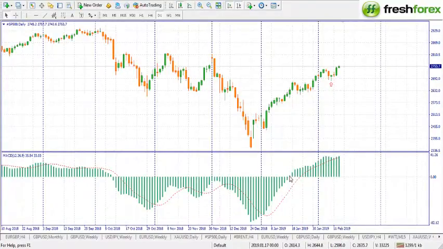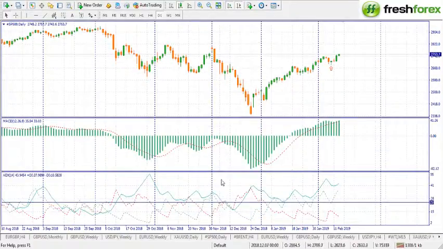As you can see from this point here, when the columns move from the lower side to the upper side, the trend has been upwards, which means if you're on this chart, expect price to be moving even higher. Then I'll add another indicator, which is the average directional movement index. Also this, we are upwards.